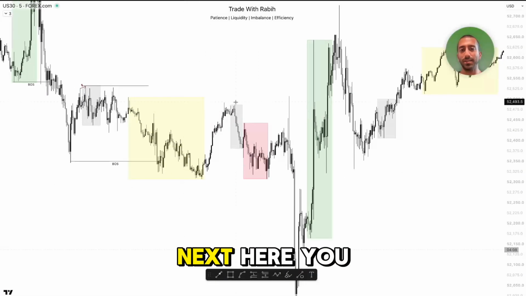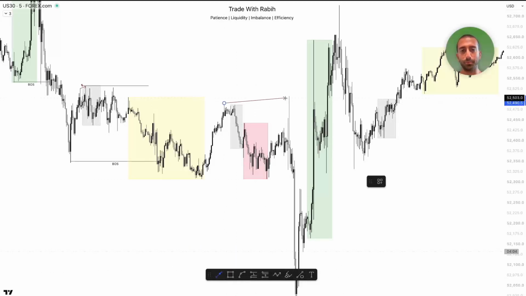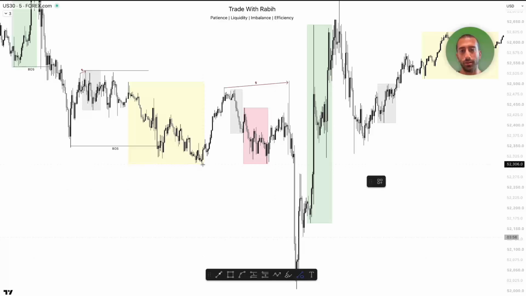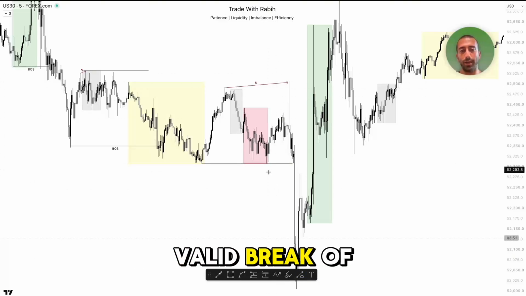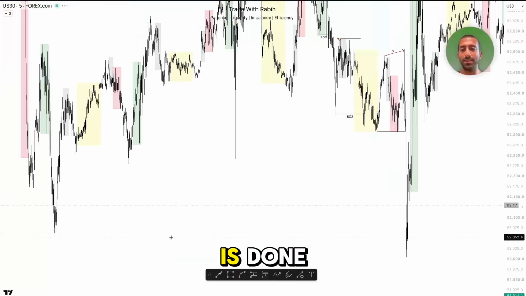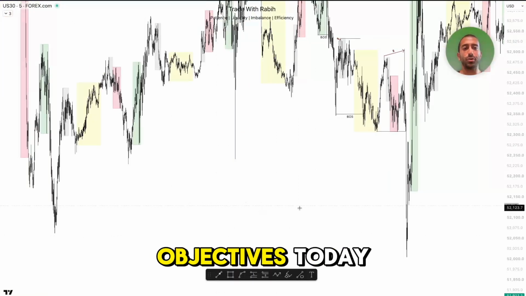Okay? Next, here you have a liquidity sweep. And then price finally broke structure, which means that this is a valid break of structure. Okay? Now, here objective of price is done, but we're not going to discuss objectives today.